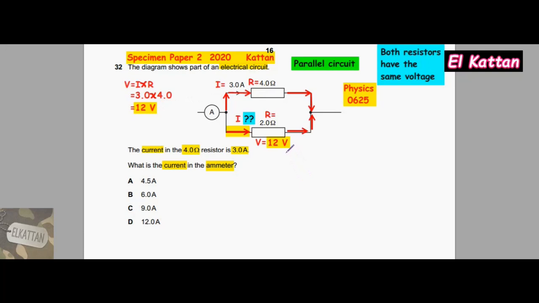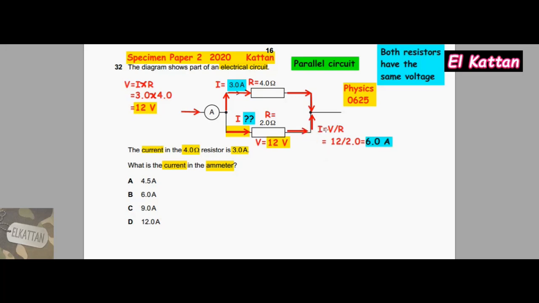Now we are going to use the value of the voltage, which is 12 volts, and the resistor, symbolized by R, which is 2 ohm. The only unknown is the electric current which passes through the second branch, the 2 ohm. To calculate the current in branch 2, we have to rearrange the Ohm's law formula.